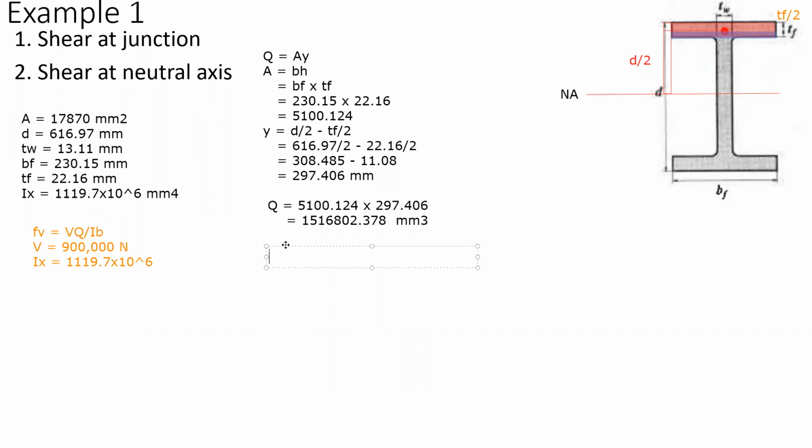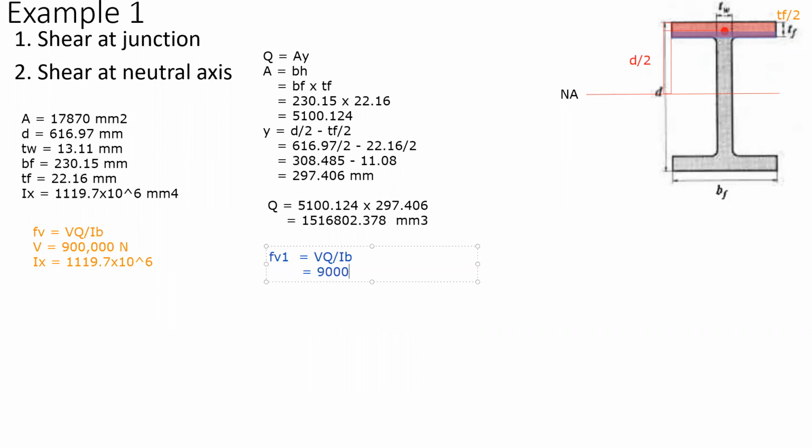Let's call this FV1. And this is equal to VQ over IB.